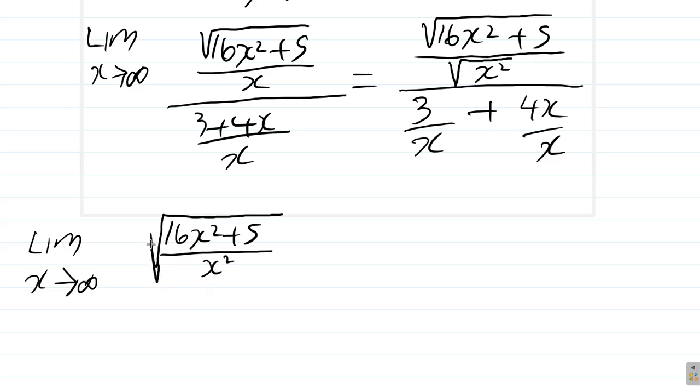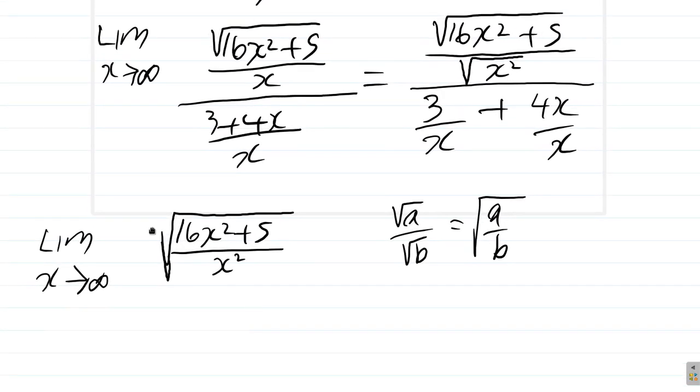The square root covers everything, because remember, the square root of a over the square root of b is the same as the square root of a over b. Remember that. Alright? So, this is over 3 divided by x plus 4. Alright?